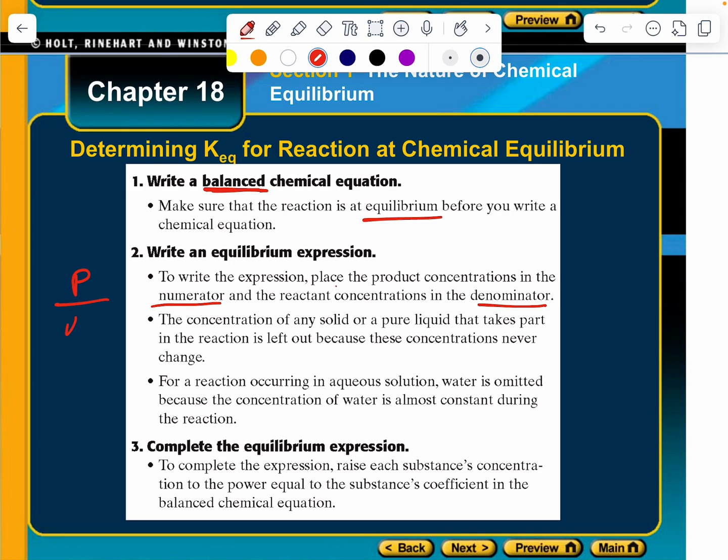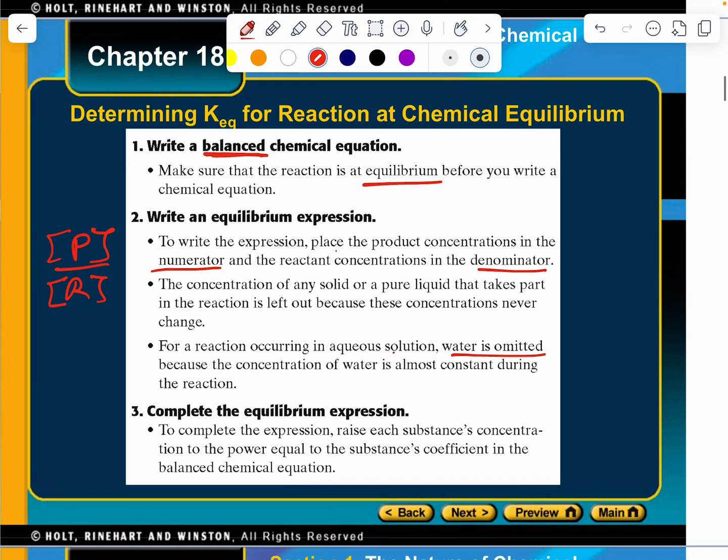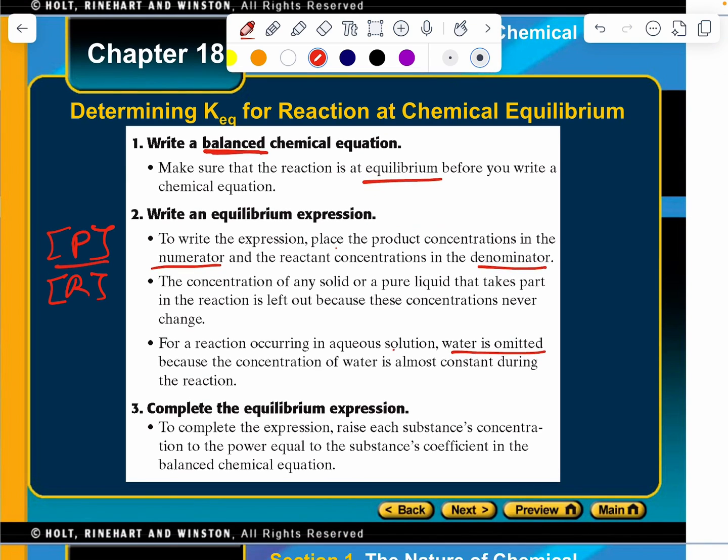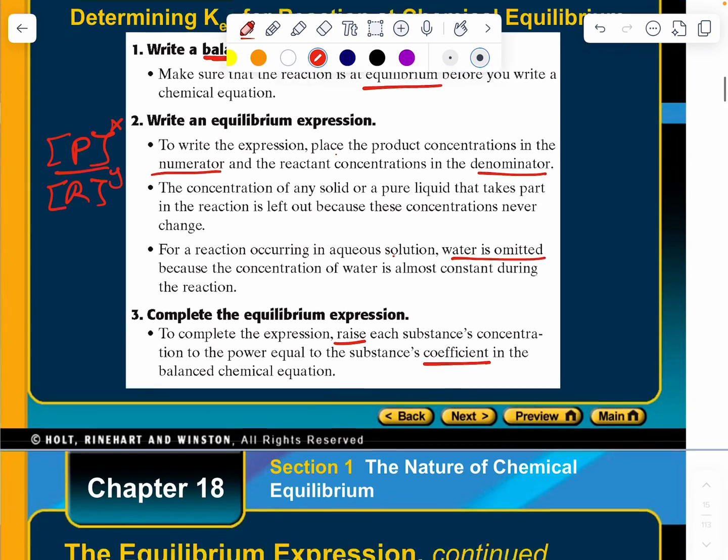So product over reactant concentrations. For a reaction occurring in aqueous solution, water is omitted because the concentration of water is almost constant during the reaction. Then complete the equilibrium expression. To complete, we should raise each substance concentration to a power equal to the substance coefficient. So here X and Y. Great.